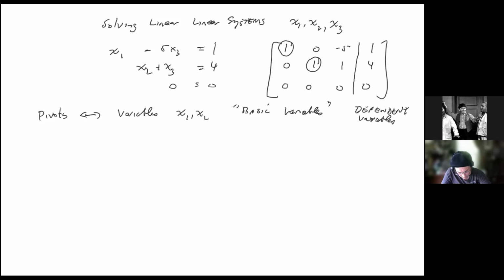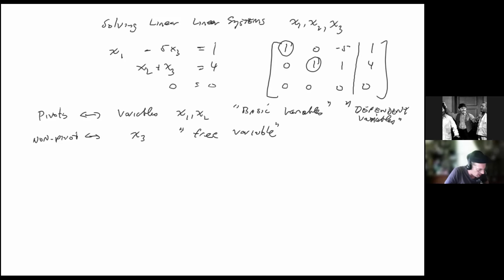So the pivots correspond to dependent variables, and the remaining variables, the non-pivot variables, correspond in this case to the remaining variable, which is x3, and that is a free variable. So you have dependent variables and free variables, or basic variables and free variables.